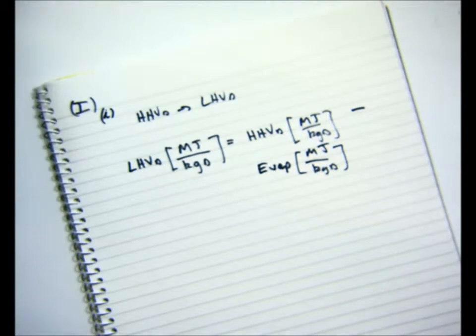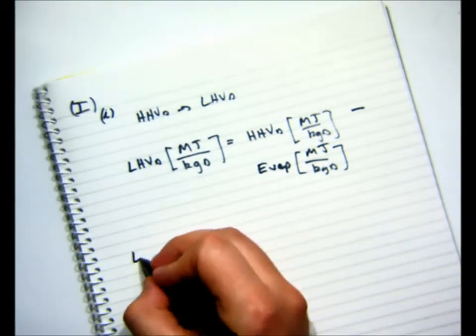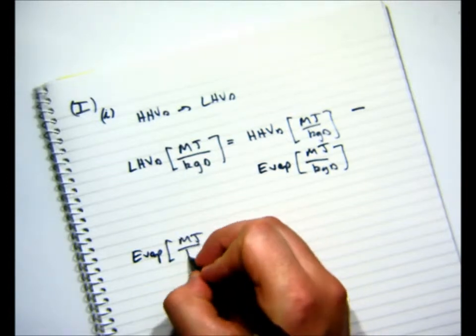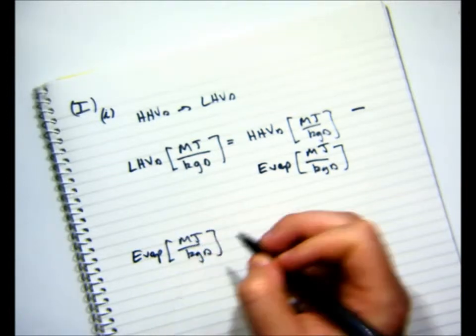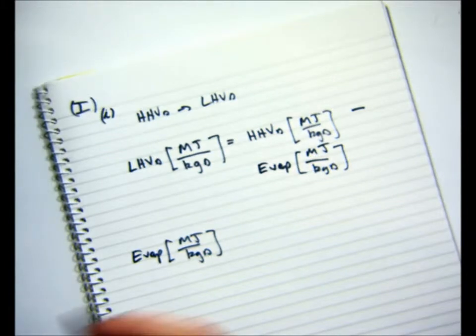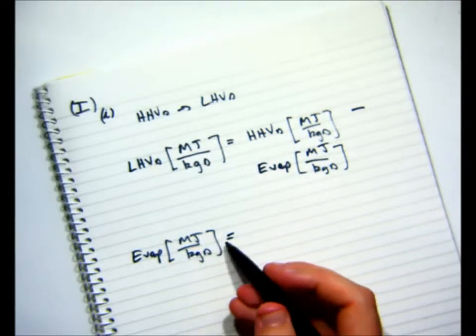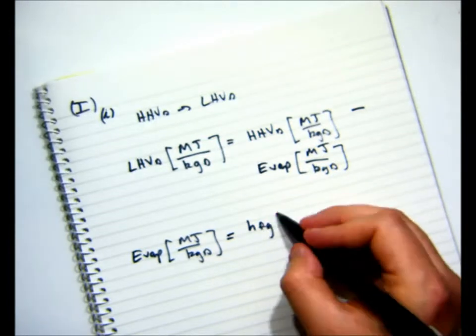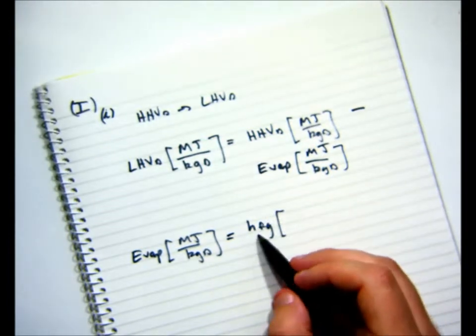So now we have to think about what this term should look like. If we're talking about a vaporization energy, it's natural to assume that there's going to be some dependency on h_fg. So h_fg is just the enthalpy of vaporization.